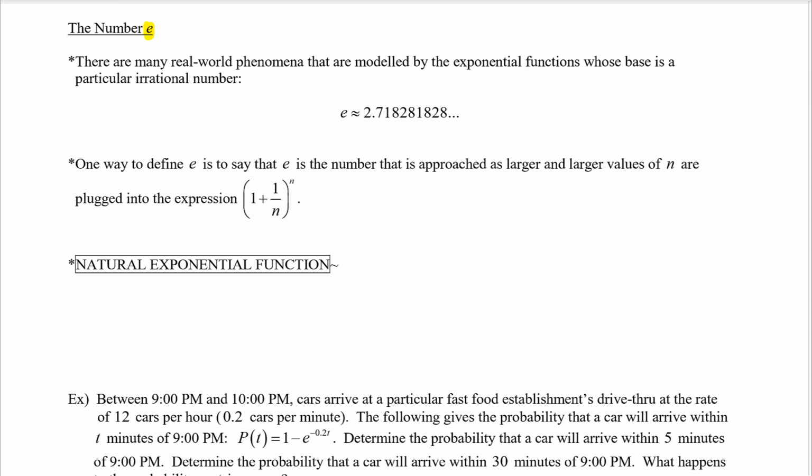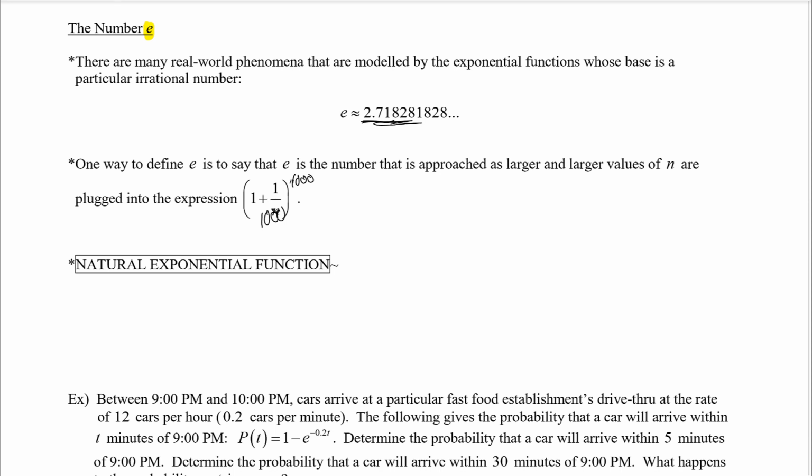So for example, if you plug in 1, you get 1 plus 1 to the first, which is 2. So that output is 2. But what if I plug in a bigger value? So what if I were to plug in, say, 50? Well, if you plug in 50, you get a few of these decimals. If you were to plug in, say, 1,000 for n, you'd get some more of these decimals.